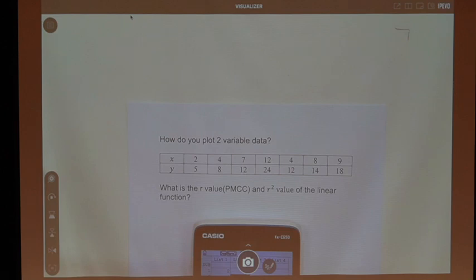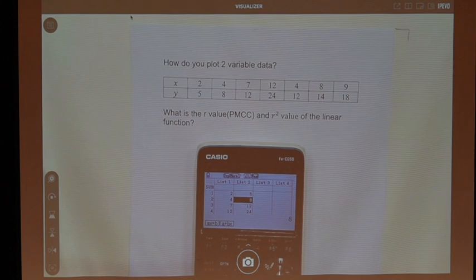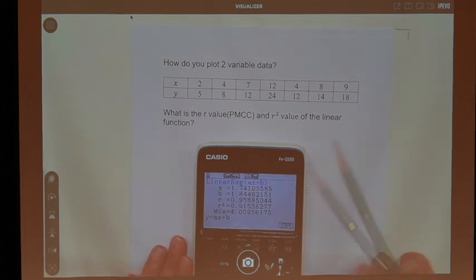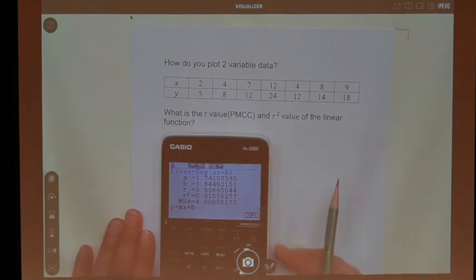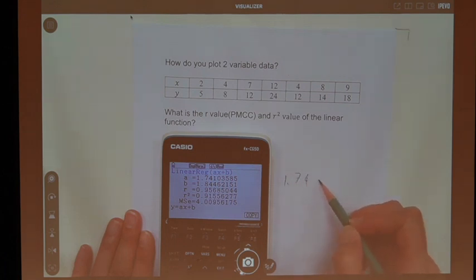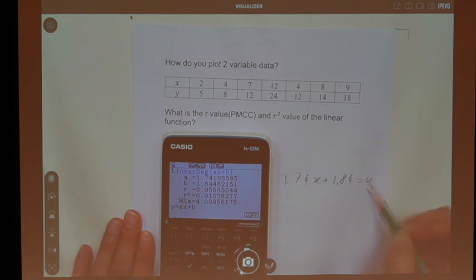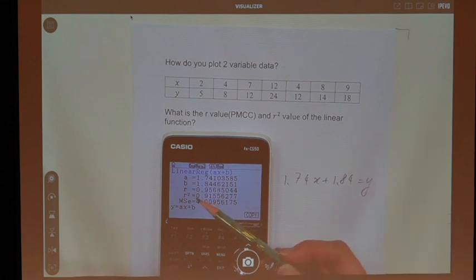Exponential, go to exp. And we have sine and logistic function as well. Linear function, x, not the mn, x1. So we have ax plus b, we have our r value there. This will be our equation, which is 1.74x plus 1.84 equals y.